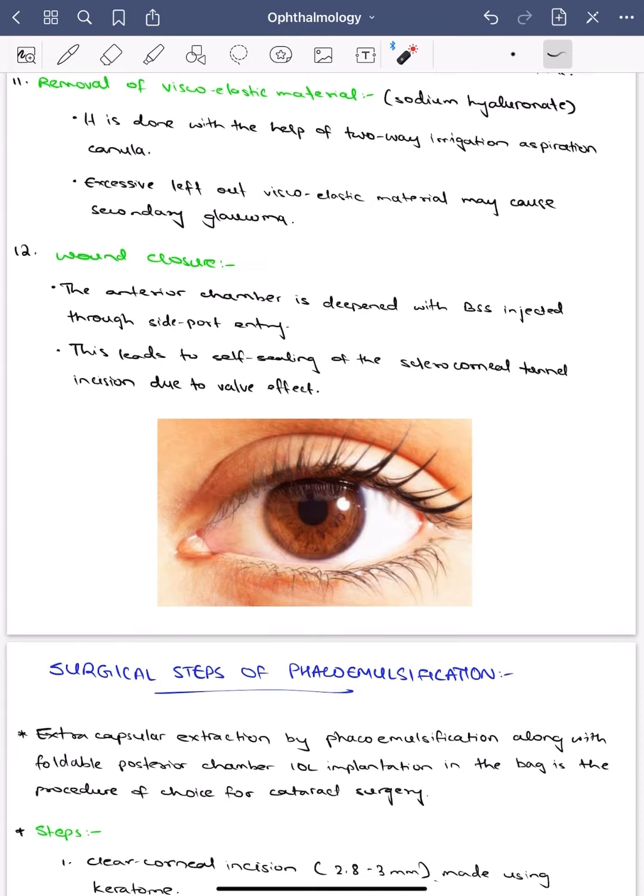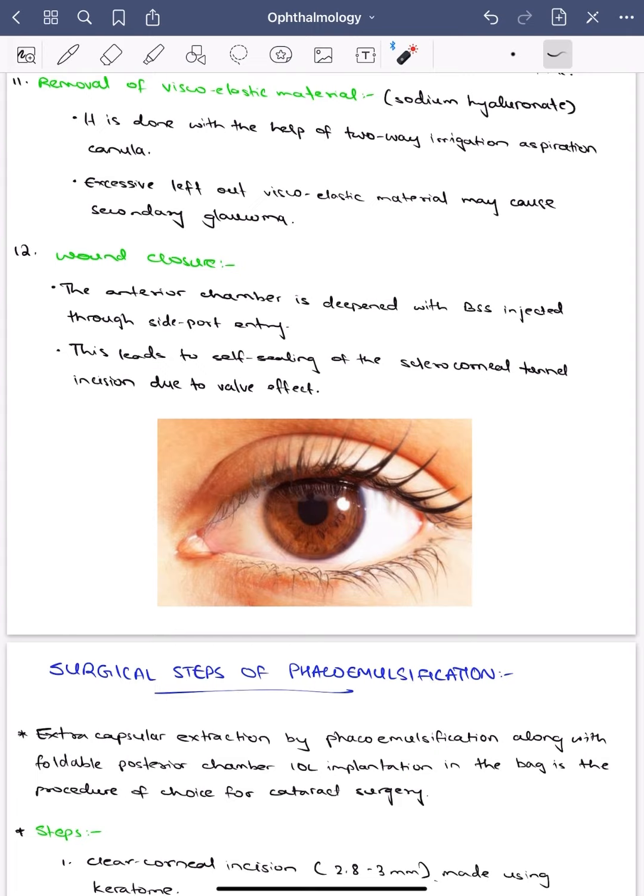So the steps till now are superior rectus bridle suture, conjunctival flap and exposure of sclera, hemostasis, sclerocorneal tunnel incision, then side port entry, anterior capsulotomy and hydrodissection.